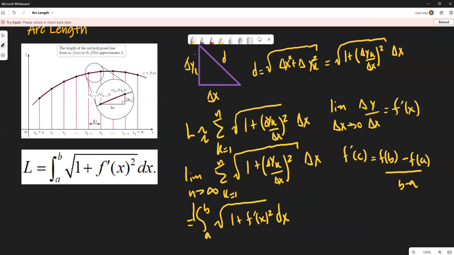But either way, we get our formula, and we can use it for any problem that we wish.